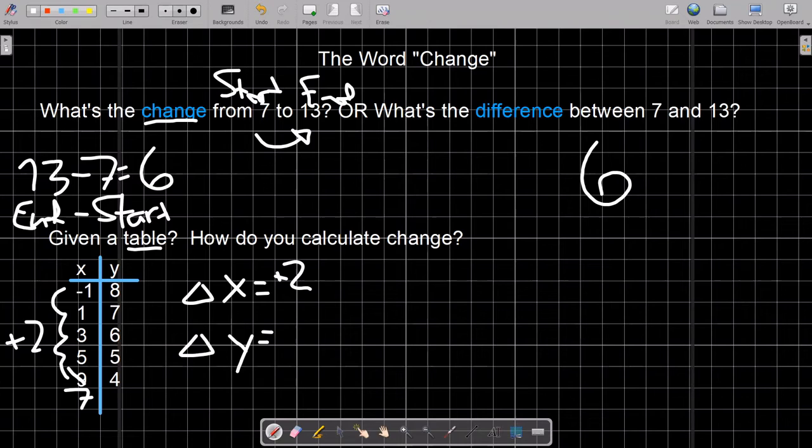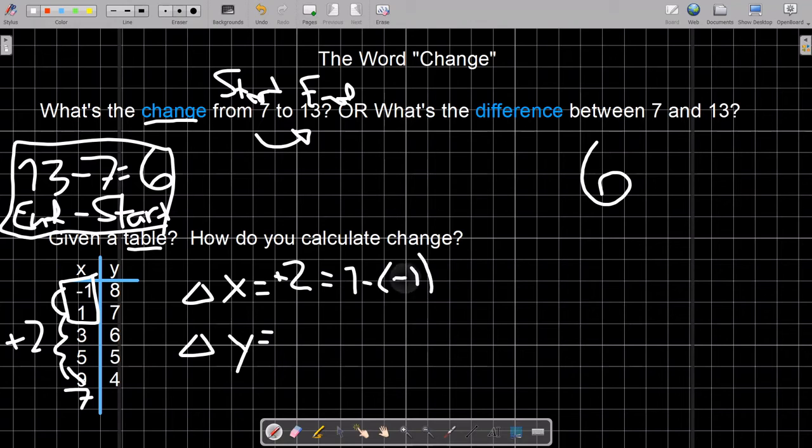But now you can see, using this end minus start idea, the change from -1 to 1 would be 1 minus -1, which gives us that. And it wouldn't matter what values I choose. Here it would be 5 minus 3 or 7 minus 5 if I chose those.